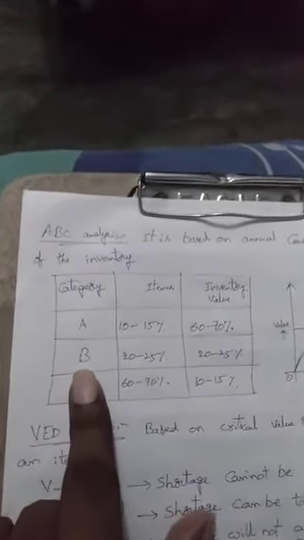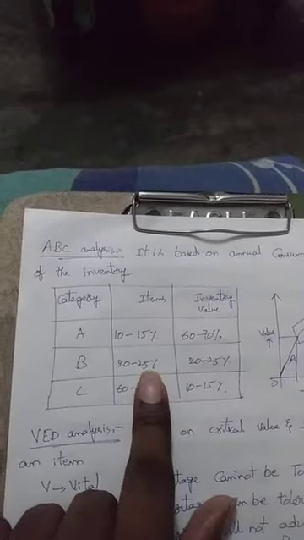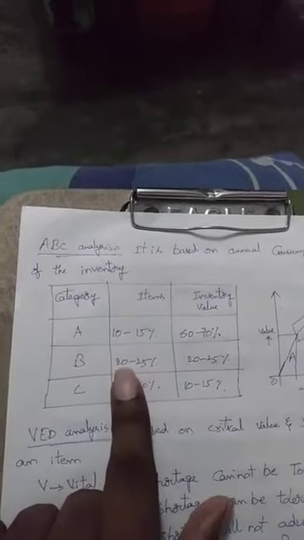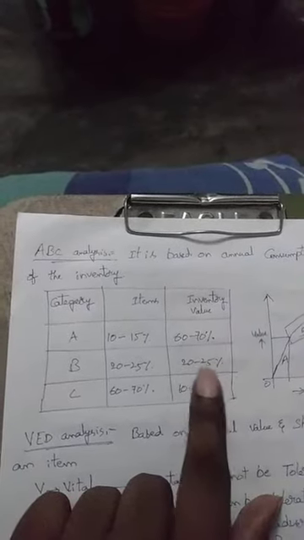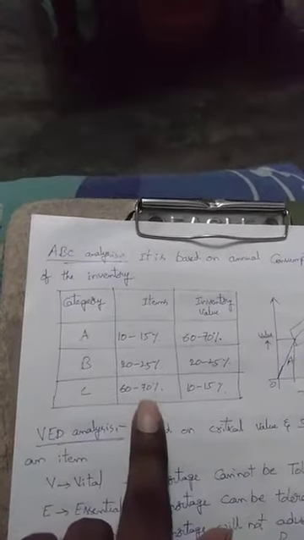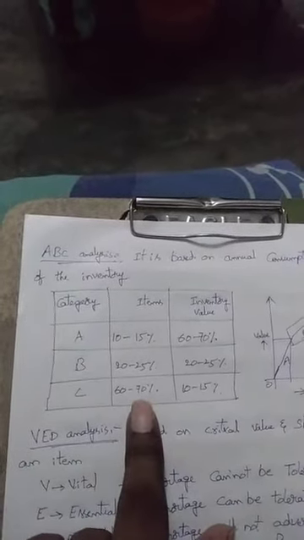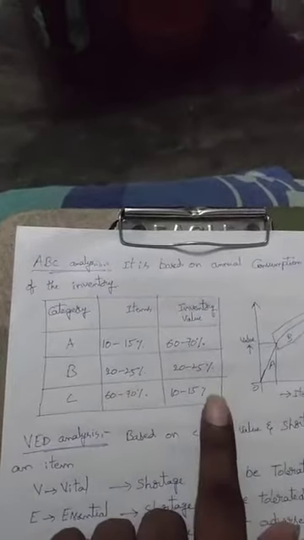Next, when raw materials are given the B grade, they consist of 20 to 25 percent of items, and in value terms also 20 to 25 percent. Then C grade: here you can identify that in the overall raw materials the quantity is very high but the valuation is very low.